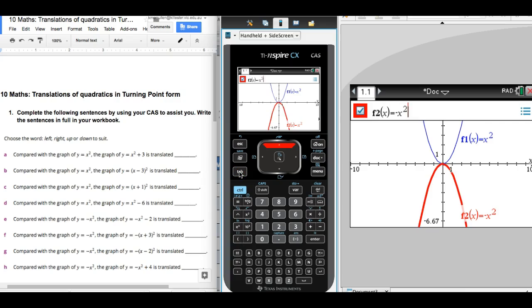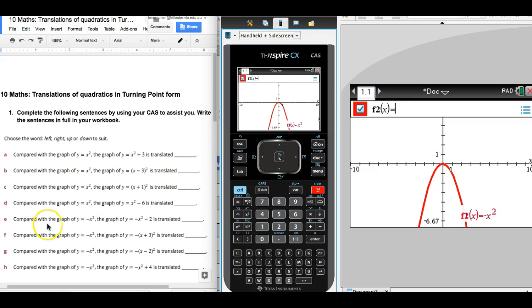Okay, so let's make that one a negative, and this time for E we wanted minus x squared minus 2. So the same translations happen. Even though we've got a negative x squared here, that minus 2 still means it's moved down 2.